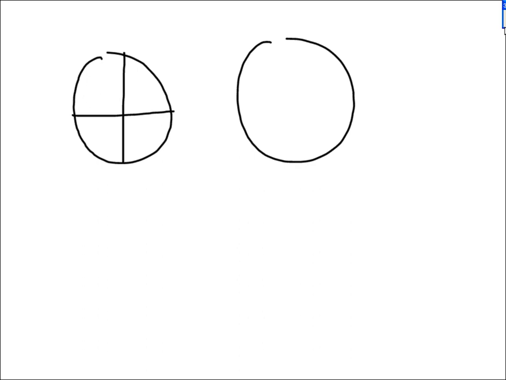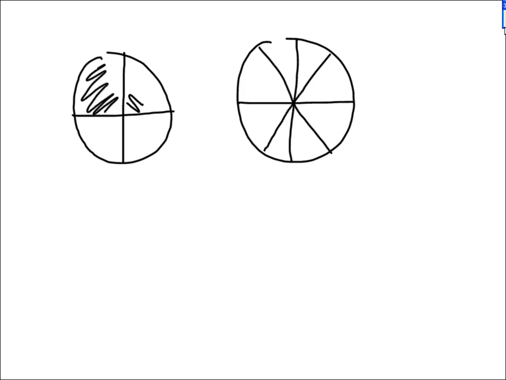For example, you go to a pizza store and they have one pie that's cut into 4 pieces, and then they have another pie that's cut into 8 pieces. When it comes to the 4-piece pie, you have this piece and that piece.